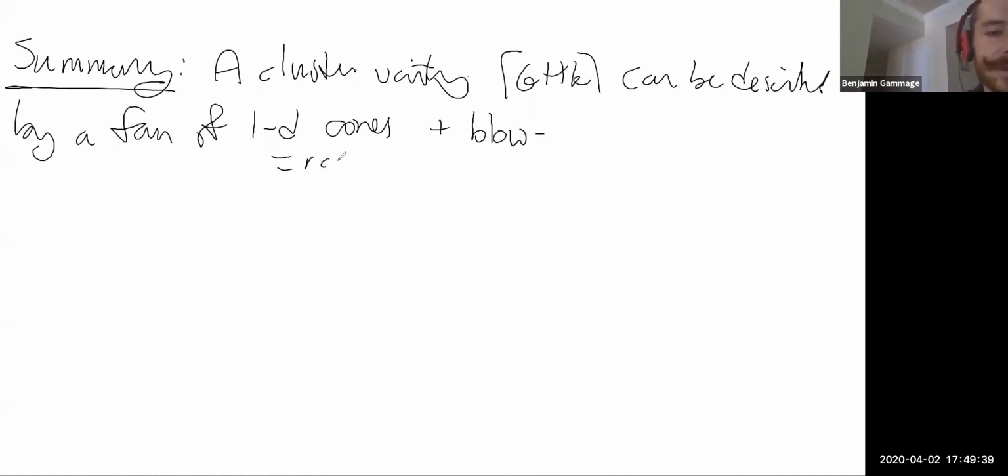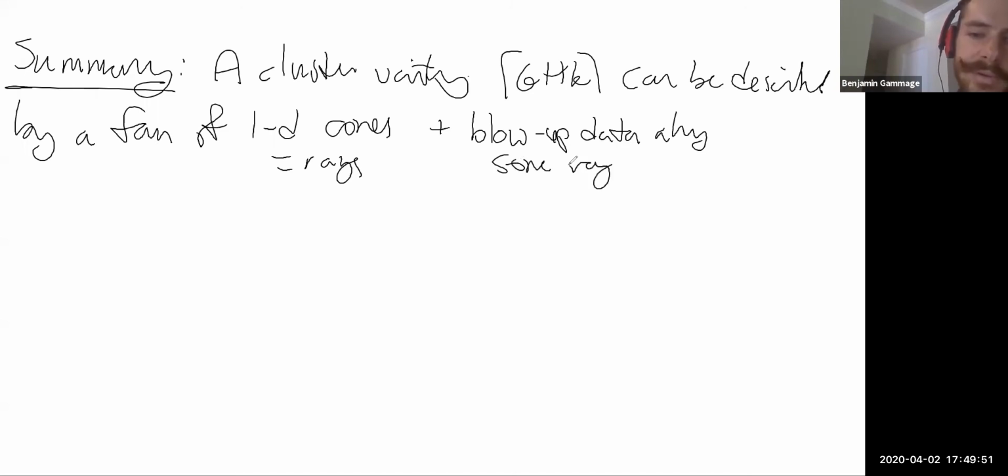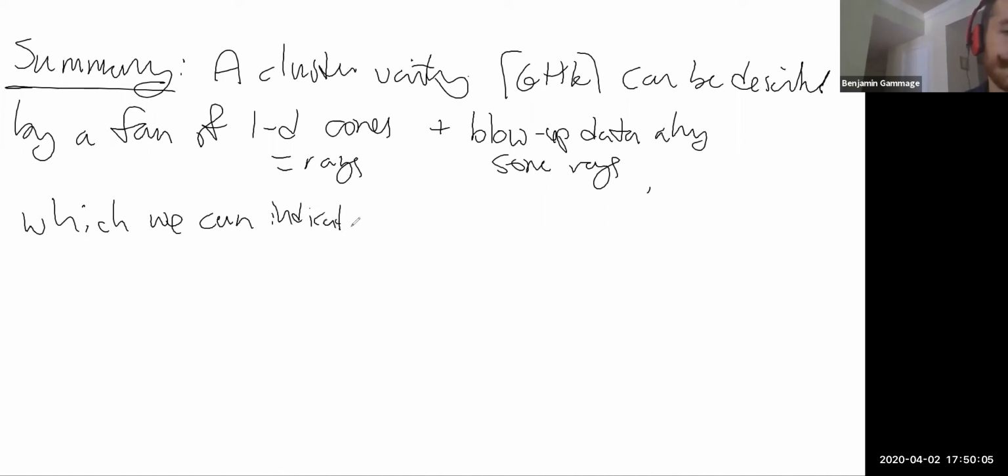One-dimensional cones are also called rays. I'm asking for the fan to have only one-dimensional cones, and some blow-up data along some rays, which is precisely the choice that you were blowing up something inside of that toric divisor, which we can indicate by putting an X on the ray.